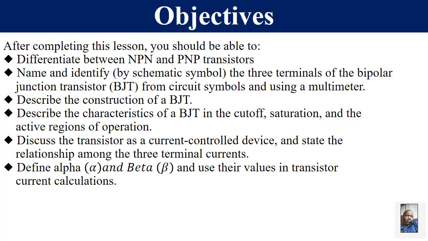Then you must be able to describe the characteristics of a BJT, which simply means bipolar junction transistor, in cutoff, saturation, and active regions of operation. Then you must be able to explain the concept that a transistor is a current controlled device, and state the relationship of the three currents: emitter current, collector current, and base current. Then last but not least, you must be able to define alpha DC and beta DC of a transistor and use typical values in transistor calculations.